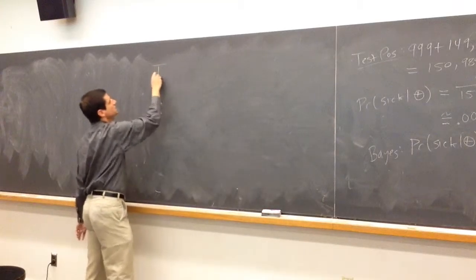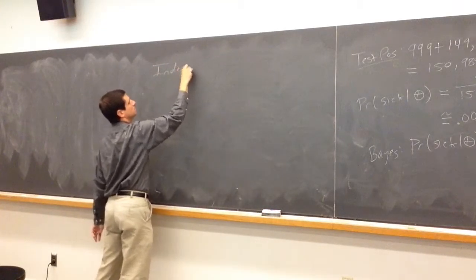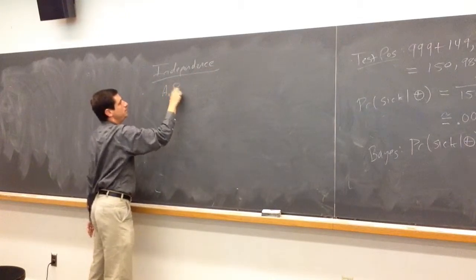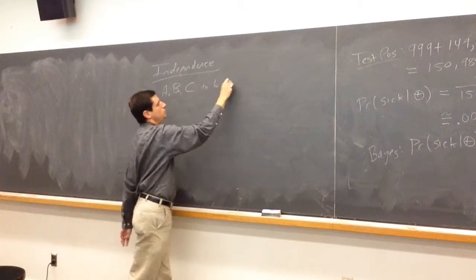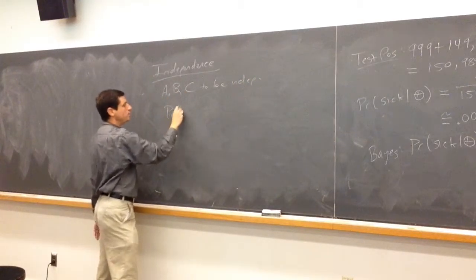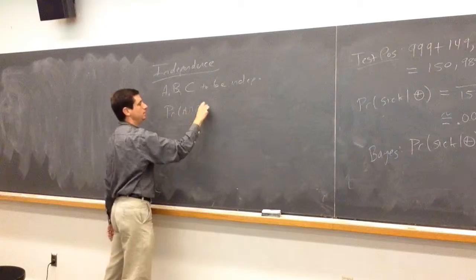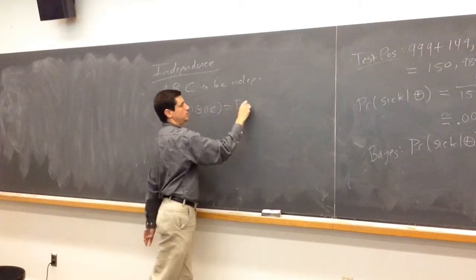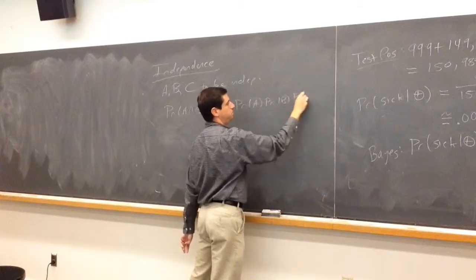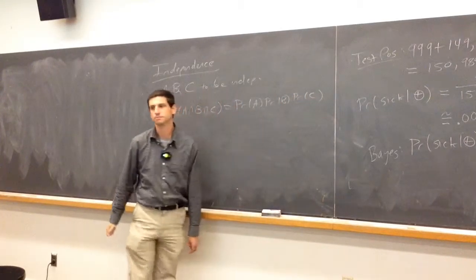Okay, independence. So let's say we want A, B, and C to be independent. What do you think about the probability of A intersect B intersect C is the probability of A, probability of B, probability of C?